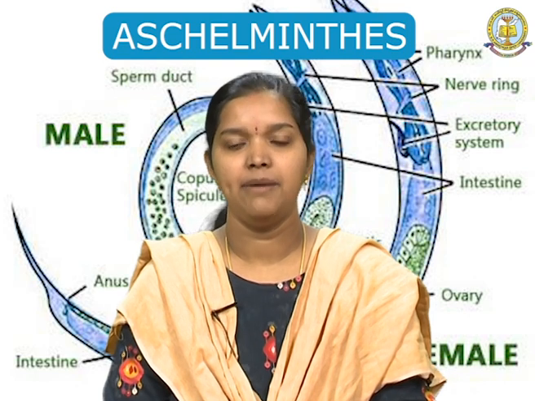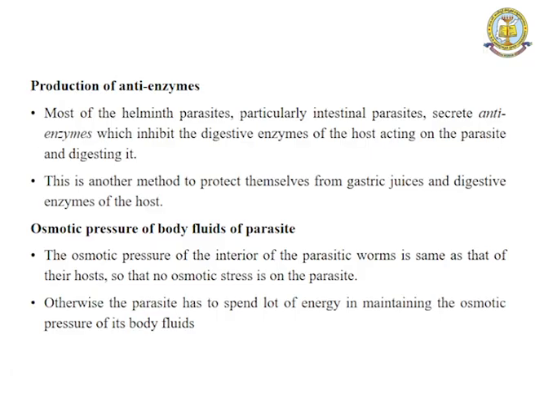And the next adaptation is osmotic pressure of body fluids of parasites. The osmotic pressure of the interior of the parasitic worms is the same as that of the host. So, there is no osmotic stress generated inside the parasite.